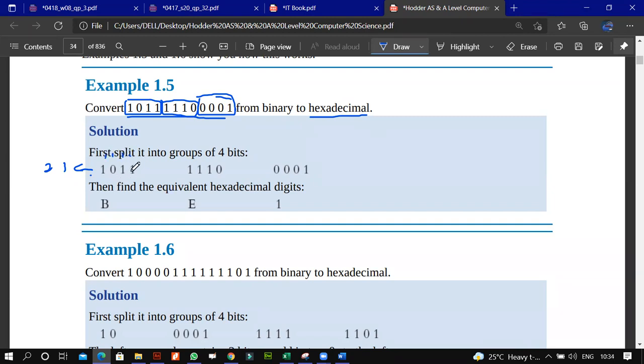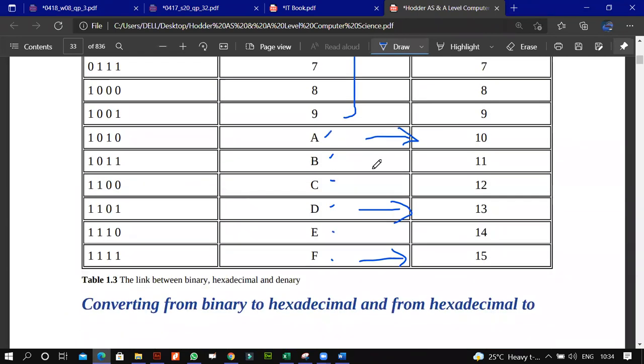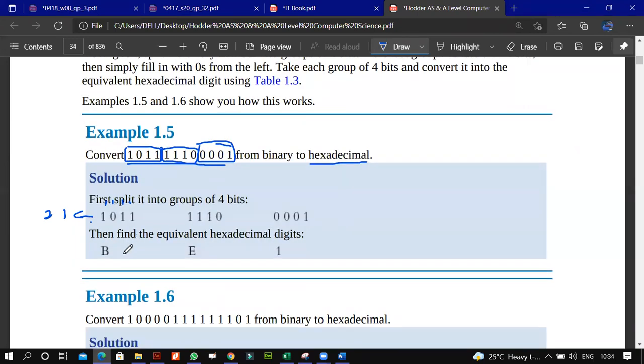So I get 1 plus 2 is 3, 3 plus 8 is 11, and 11, like I just told you, is B. So that's B, obviously. Then I have over here this one. This is 0, 1, 2, 4, 8. So 2, 4, 8, 6 plus 8 is 14.